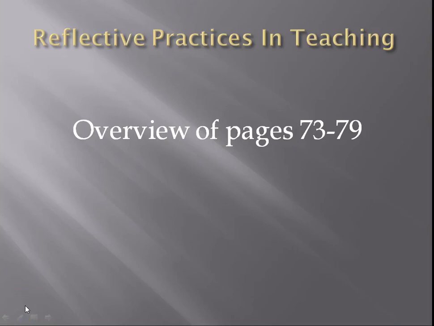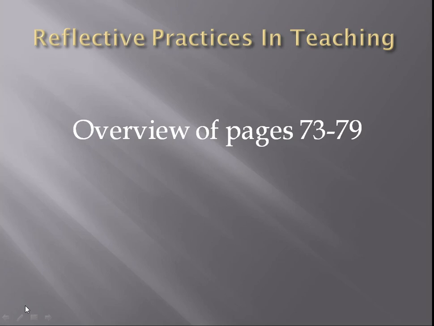Okay, what we're going to do now is take your readings for this week, which is pages 73 to 79 in your text, and put the feet to it so that you have a better understanding of it.